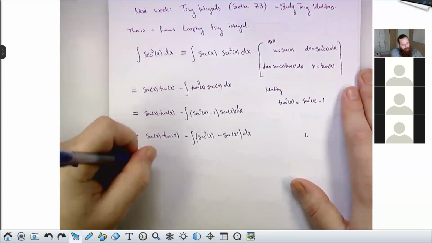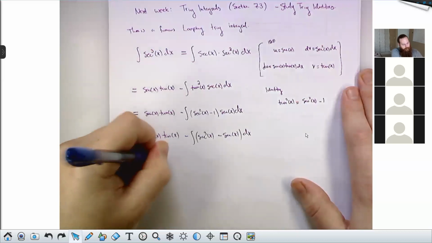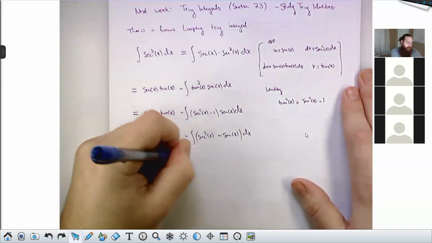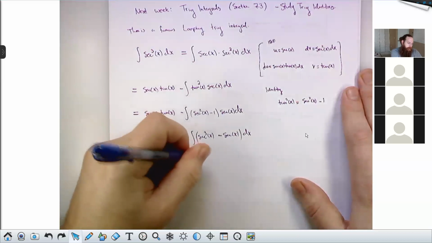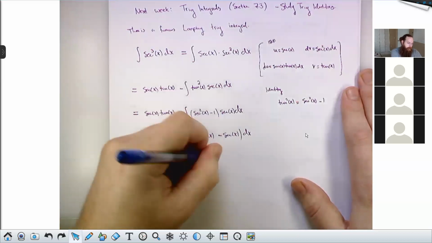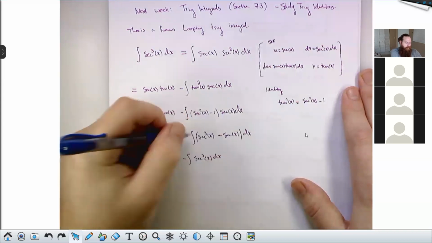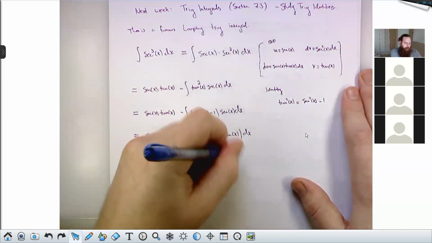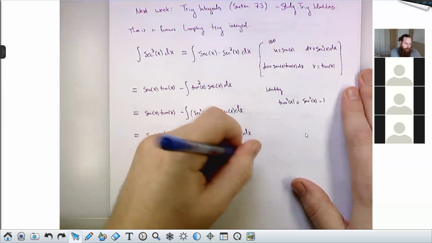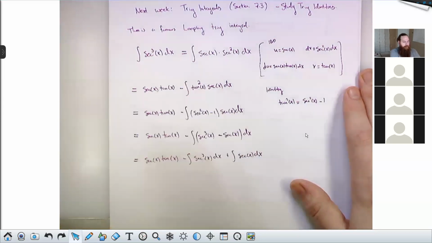So this will be secant x times tangent x minus the integral of secant cubed x dx. And then these two minuses here will make plus the integral of secant x dx.